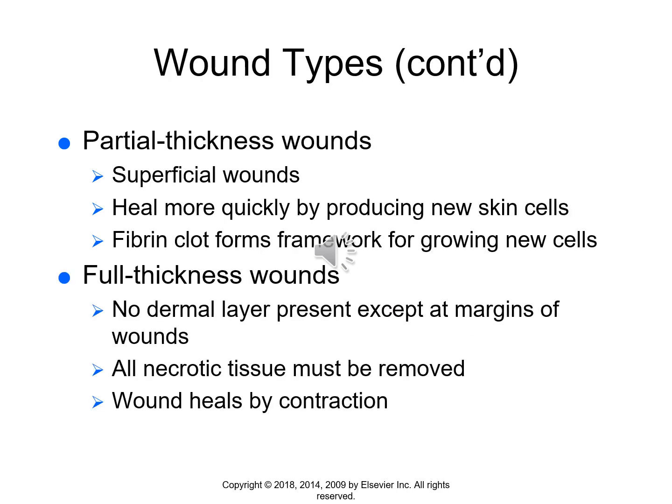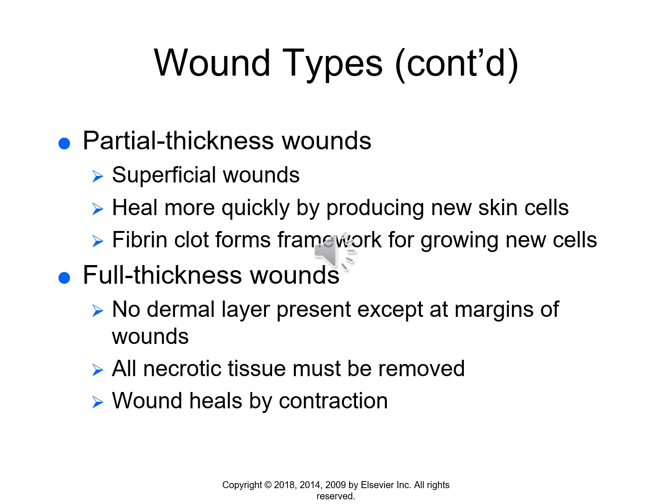Okay, so you can have partial thickness wounds or you can have full thickness wounds. Partial thickness wounds are superficial wounds. So that's just going to be the loss of the epidermis and possibly the dermis. Remember those top two layers that we discussed. With full thickness wounds, we are down to at least subcutaneous tissue and possibly down to bone and muscle.